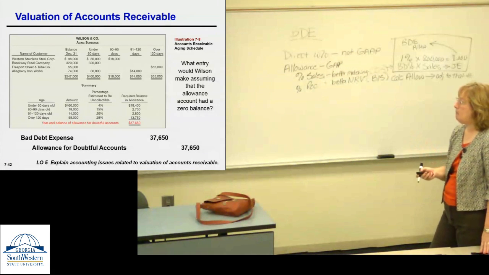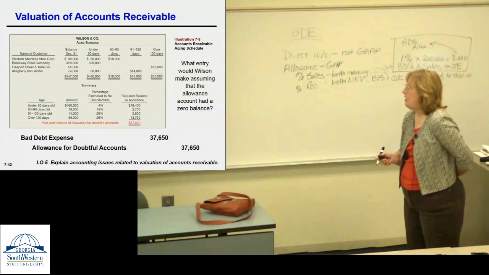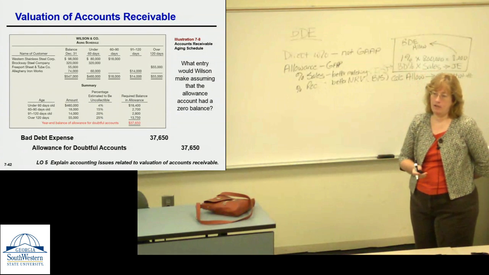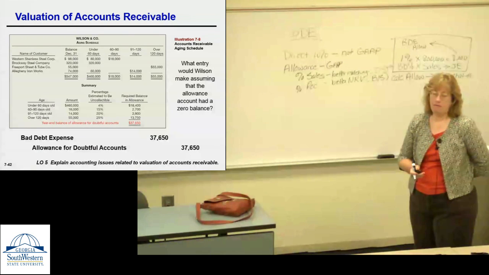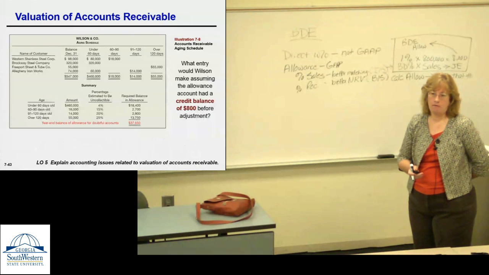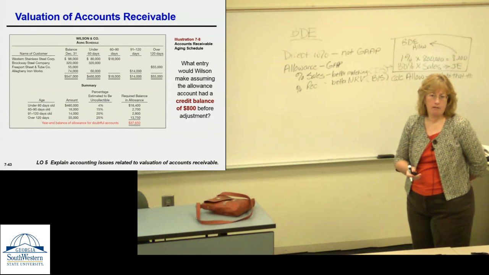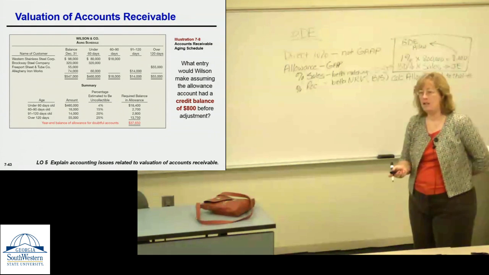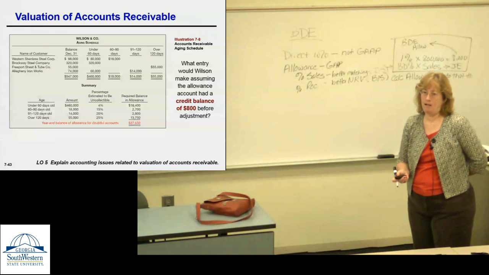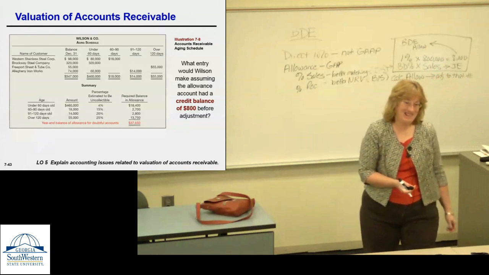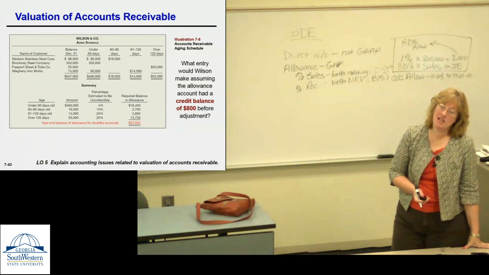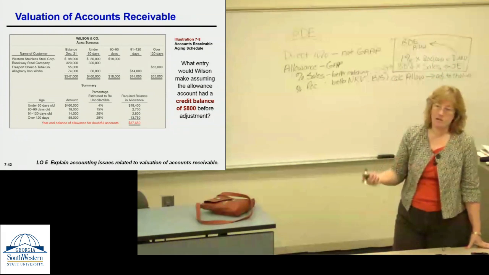So what would happen if the account had a credit balance of $800? What kind of balance is it supposed to have, a debit balance or a credit balance?